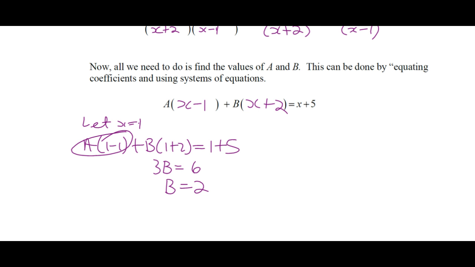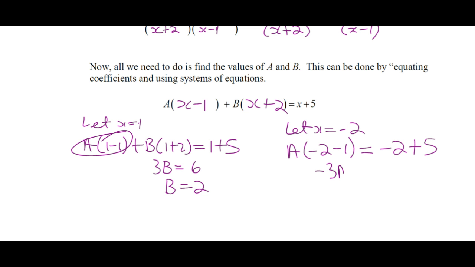Negative 2. If we want to solve for A, we let x equal −2. So A(−2 − 1) is equal to −2 + 5. So −3A is equal to 3, and A is −1.